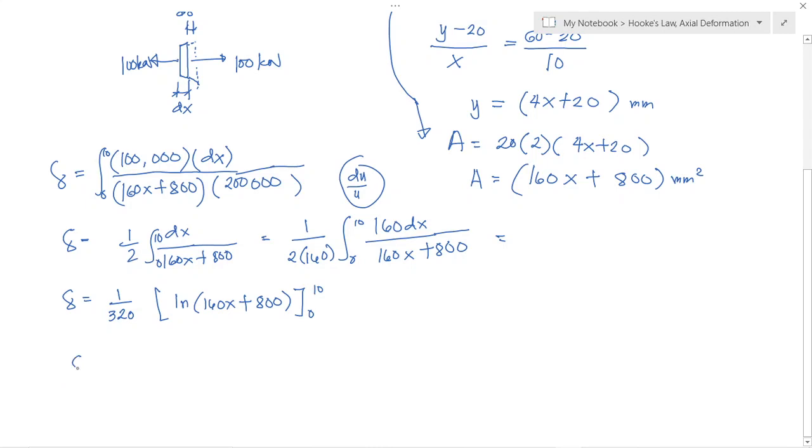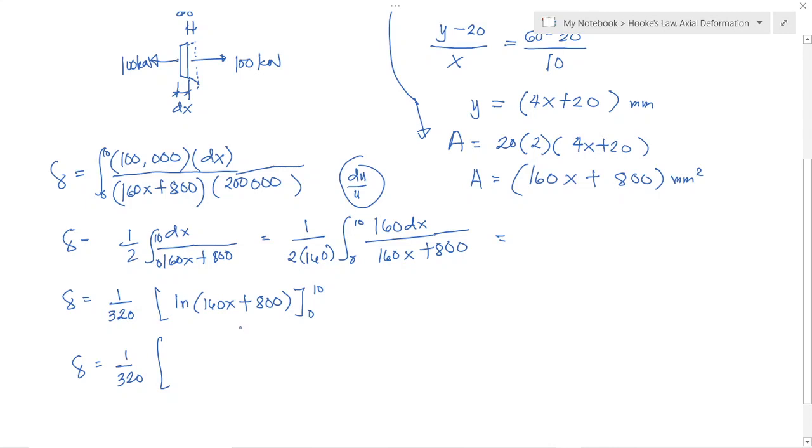Manipulating the equation, we have 1 over 320 multiplied by ln. Multiply mo lang yung upper limit sa x, then minus, substitute mo yung sa lower limit. So, that will be equal to how much?